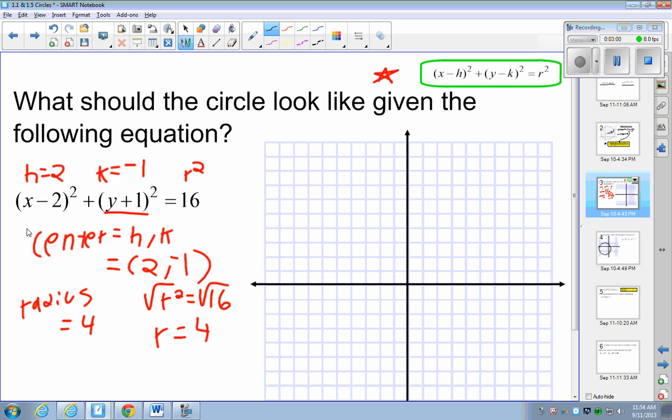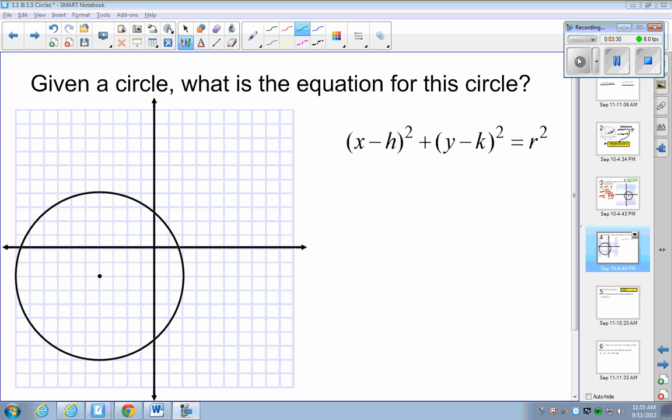Our center is going to be over 2, down 1, and our radius is just going to be 4. So we draw out 4 places. And let's go ahead and make our circle. And there we have it. That's how we get a circle from the standard form equation.